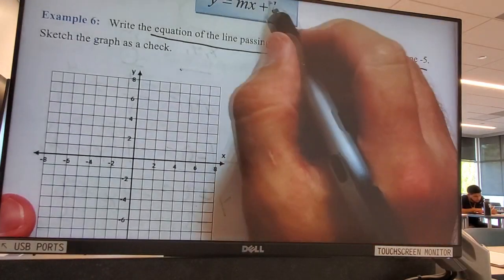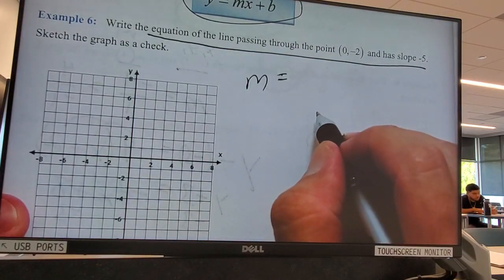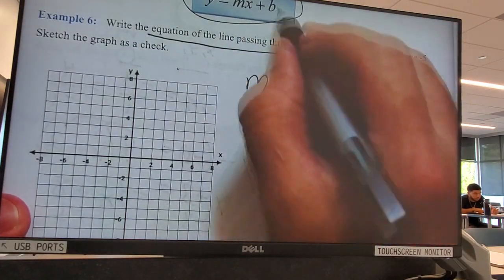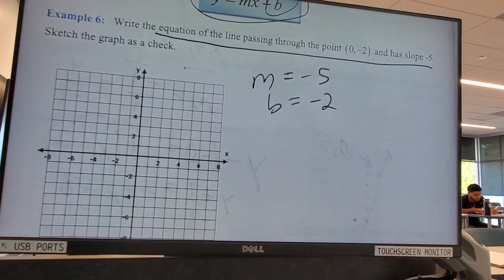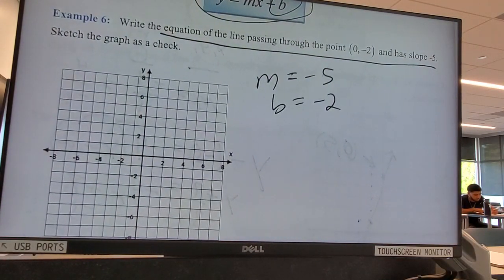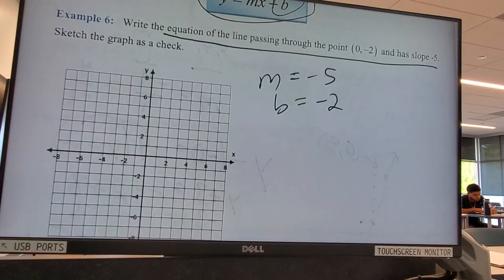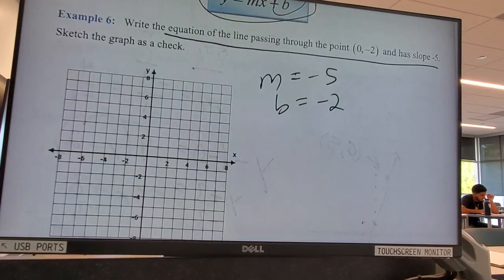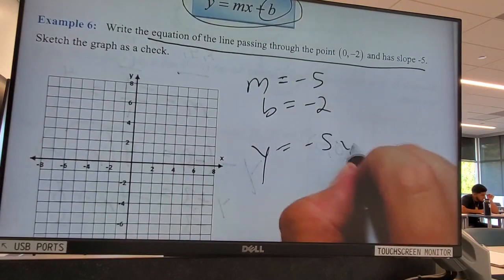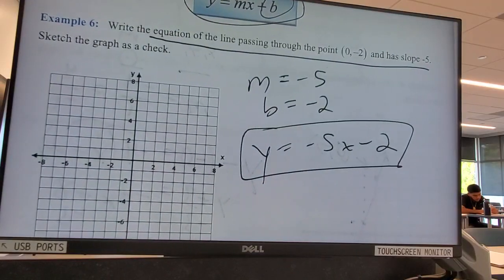So if I want to use this equation, I need to know what m is. What's m? -5. And I need to know what b is. What's b? -2. Good. So b is the y value of the y-intercept. The y-intercept is always a point. And then I just got to plug this stuff in. So y equals mx plus b.